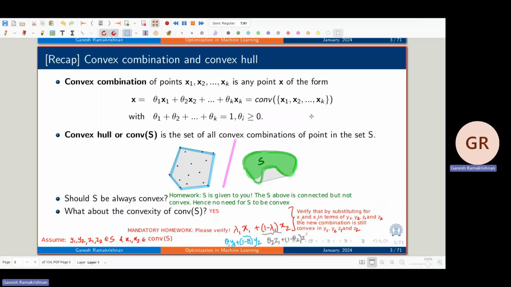Basically, you'll have to show that there'll be these 4 components which sum up to 1. It's very simple.